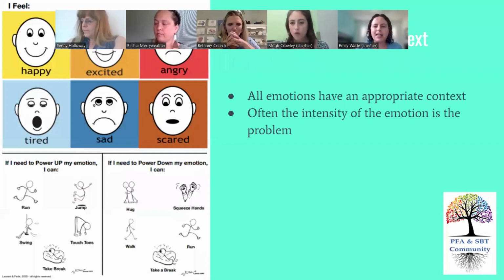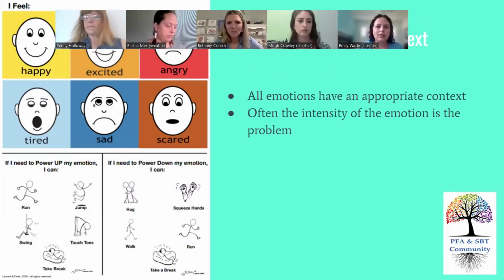Or if I need to power down. This is an example one that they filled out, but they have blank ones that you can fill in for your individual learners with the strategies that work for them, because as Meg was saying, no one's going to have the same strategies that work for them as everybody else. I thought this was a really cool visual and a different way to think about how we can address things.